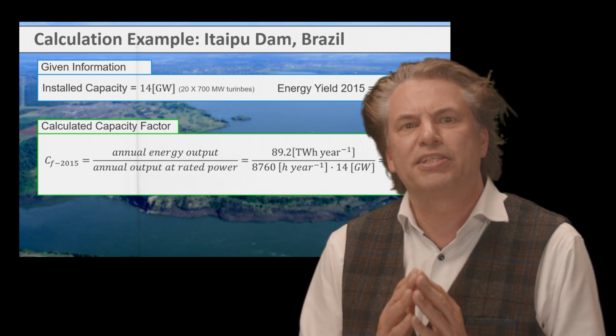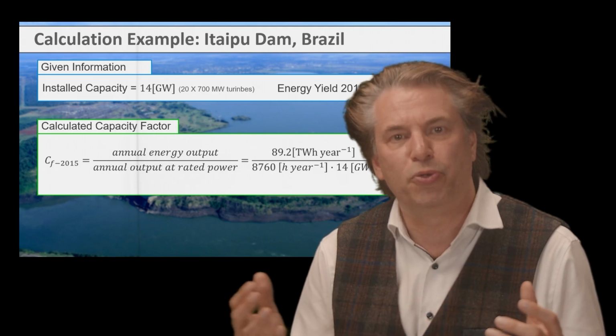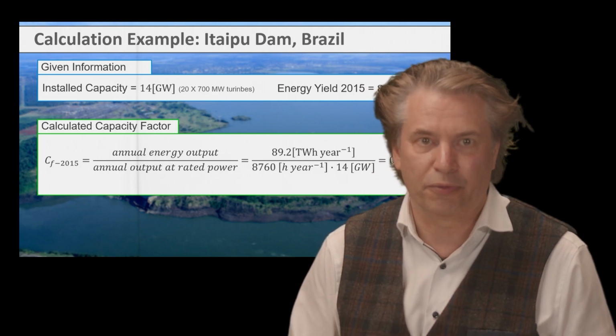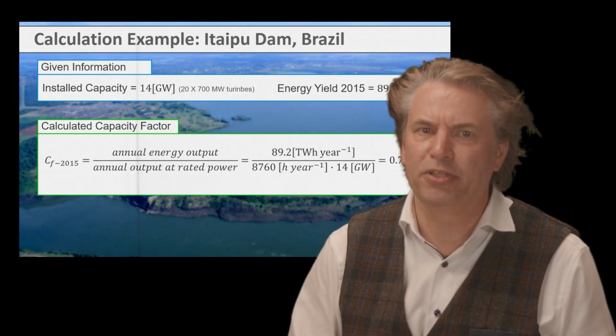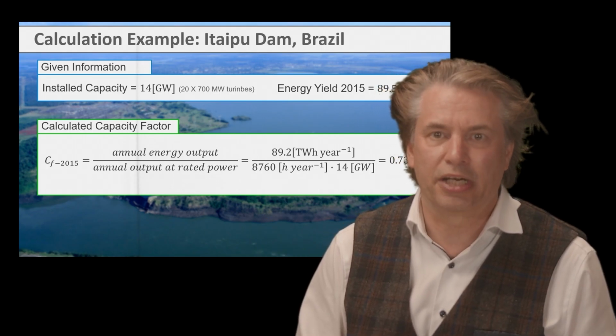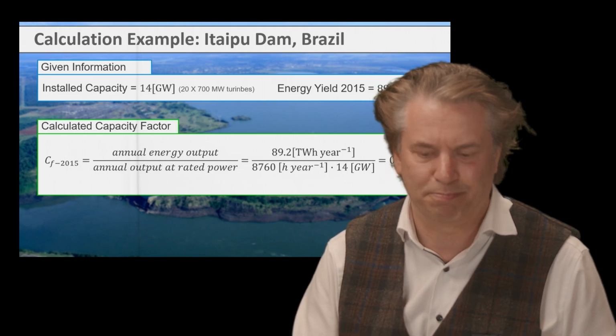It's the power plant's actual energy output over a period relative to its maximal potential output if operated at full rated power continuously. So you could say on average the Itaipu Dam in 2015 produced electricity at maximum capacity during 70% of the time.